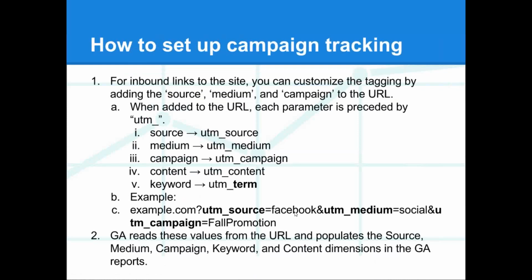So what's happening here is someone is clicking on this link, they are going to this URL, and Google Analytics is reading these values from the URL and using them to populate the data that you're seeing in the report. So whatever you put in your URL, that's what you're going to see in GA.